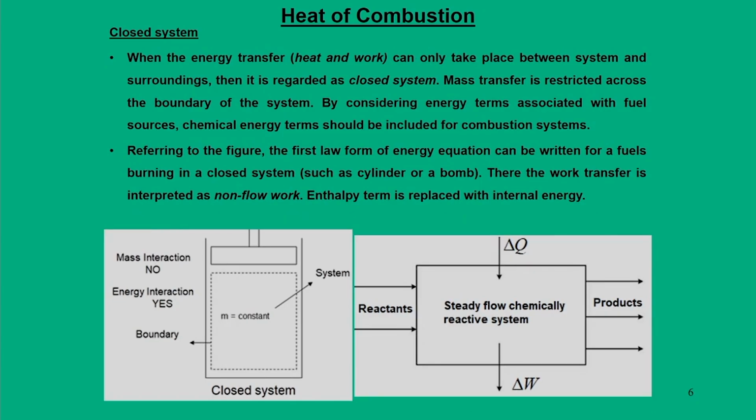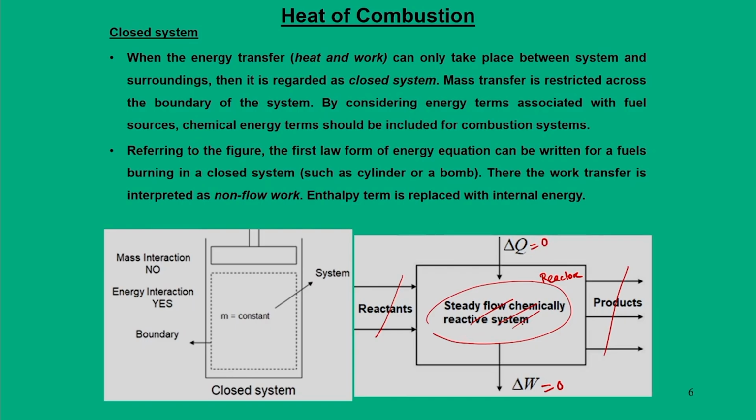For instance, if you arrest that already the reactants are there, there is no entry for reactants and no entry for products, and we say that both reactants and products are within this reactor. So, you will replace this reacting system with a simple closed system reactor, so that this delta W and delta Q will be 0.